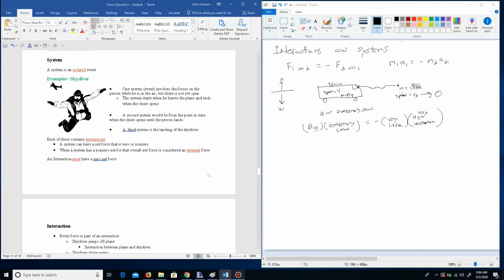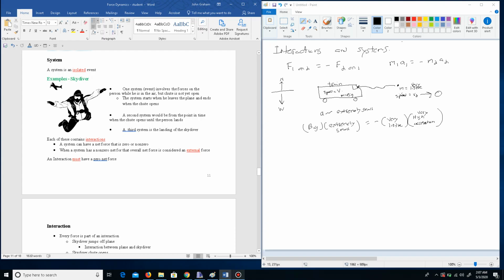The system starts when he leaves the plane and ends when his chute opens. Another system would be the point in time when the chute opens until he lands. A third system is the actual landing and interaction of that skydiver with the ground. There's also when he leaves, the interaction between the plane and the skydiver. All of these contain interactions.